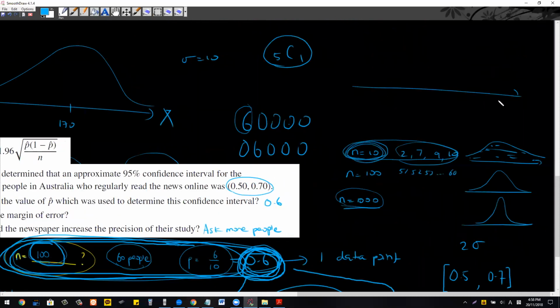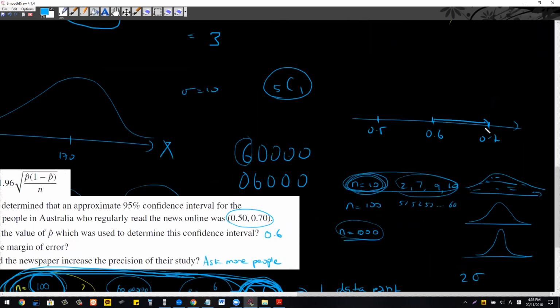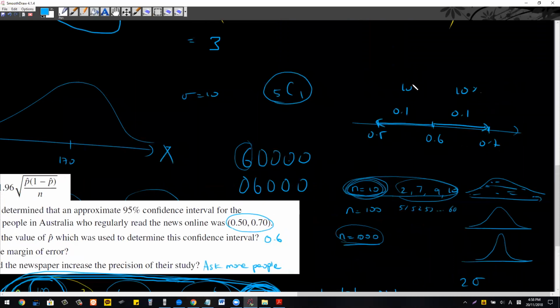So we figure out that this is 0.5 and 0.7, right? So this is 0.6 here and 0.7 here, 0.5 here, true? The distance from there to there is how much? 0.1, right? Which is 10%.